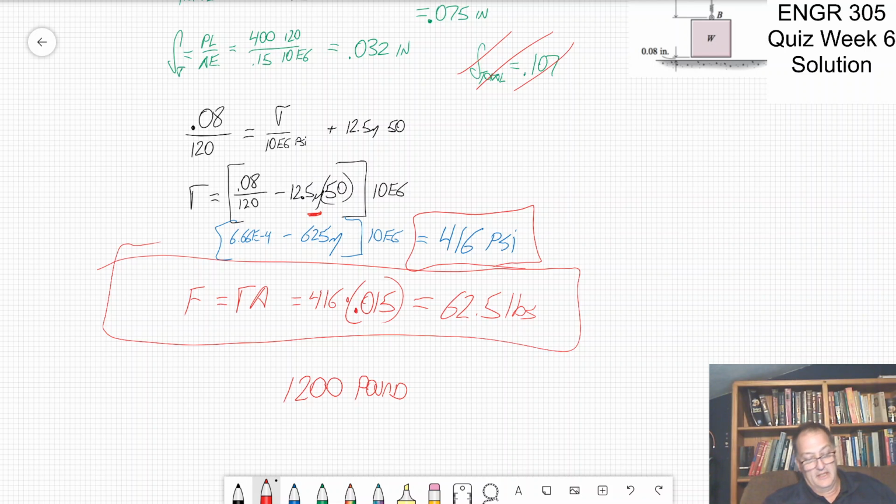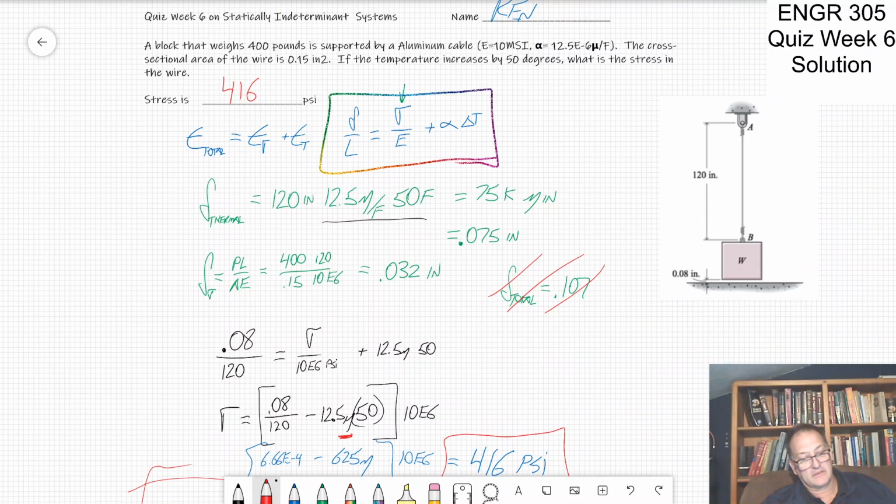But when you're telling me the 400-pound block is putting 1,200 pounds of tension in the cable, you're not thinking through your answer to figure out whether that makes sense or not. And so that is frustrating, because that's the thing we got to do. I want you to check units, and I want you to go, 1,200 pounds, how does that compare to a 400-pound box?